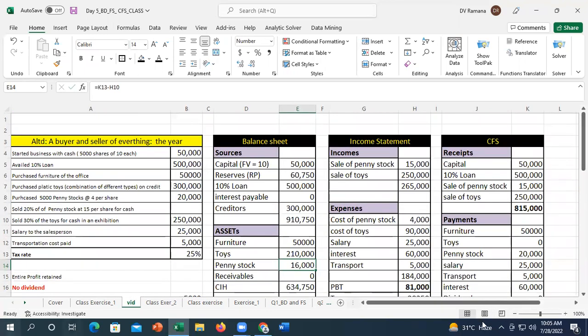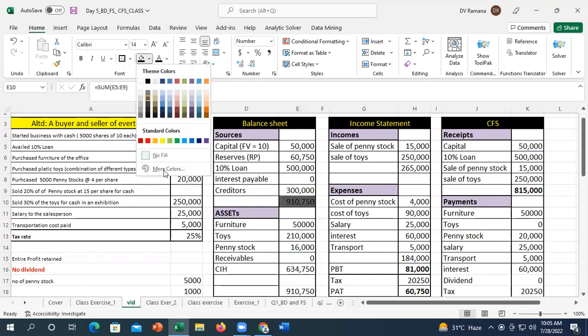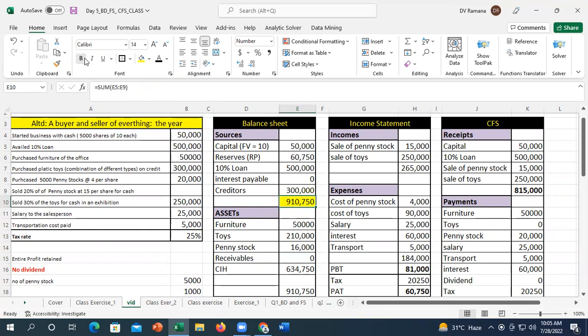Because we know that sources will be equal to the assets, and in this example the sources are 910,000, supported by the corresponding assets. The assets are 910,000, supported by the corresponding sources.